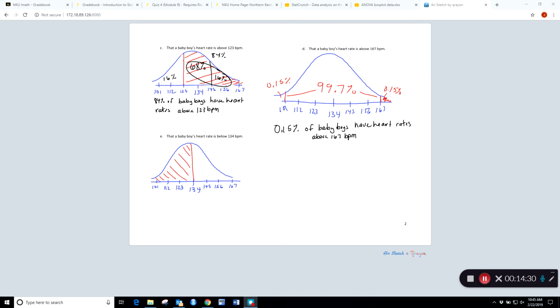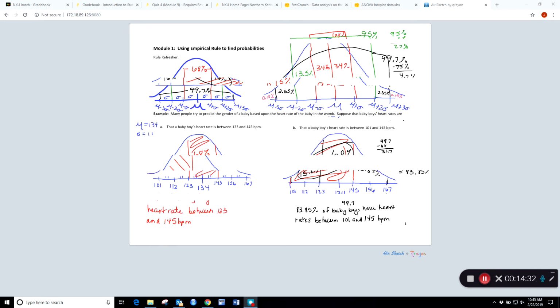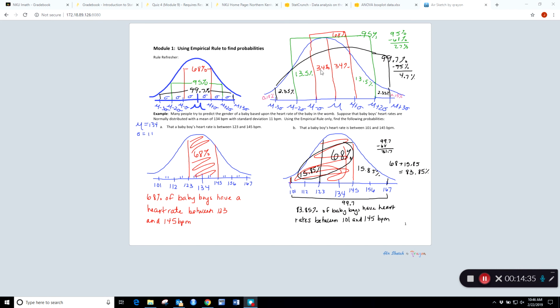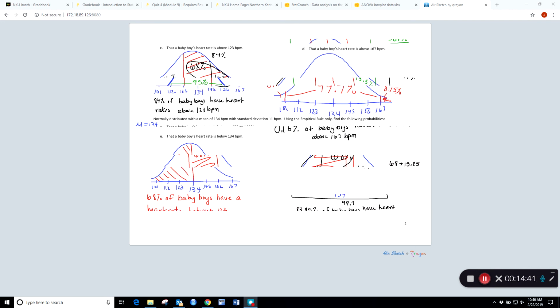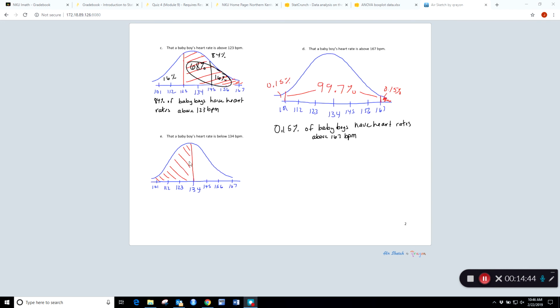So how much is left here? Well, you could add up those four separate pieces if you remember those numbers. Or again, we could just remember that the mean, when it's symmetric, also cuts the data in half. So there's 50% on either side. So this is just going to be a half.